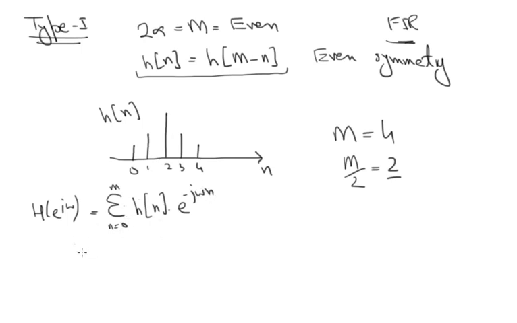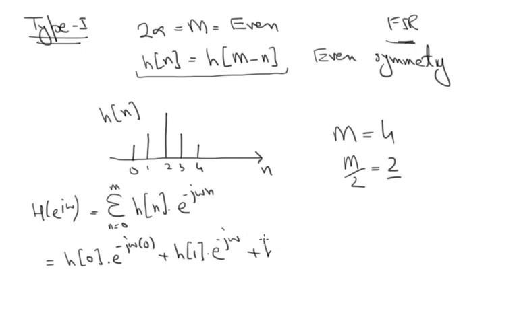And from here, if you expand this summation, h of 0 into e raised to power minus j omega 0, plus h of 1 into e raised to power minus j omega, here n is equal to 1.